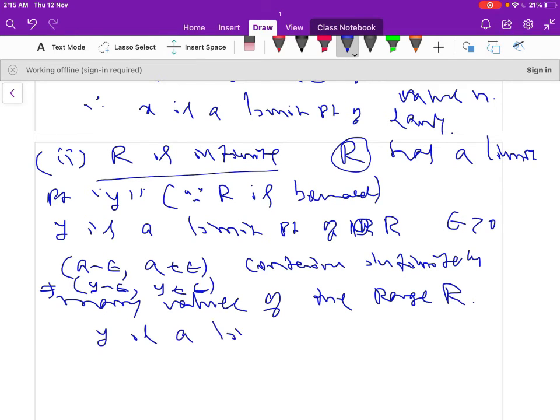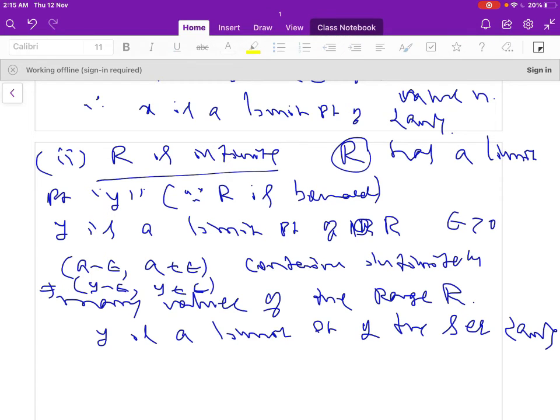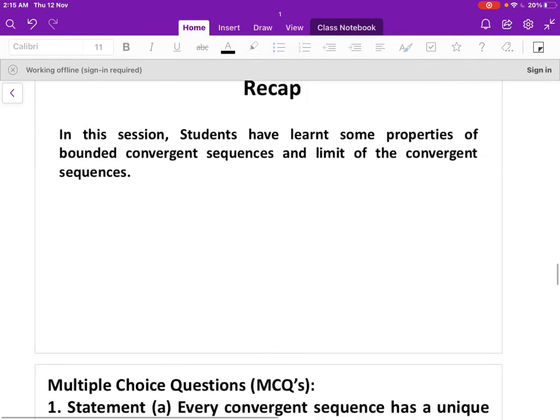Therefore, y is a limit point of the sequence a_n. So this is the proof of the theorem.